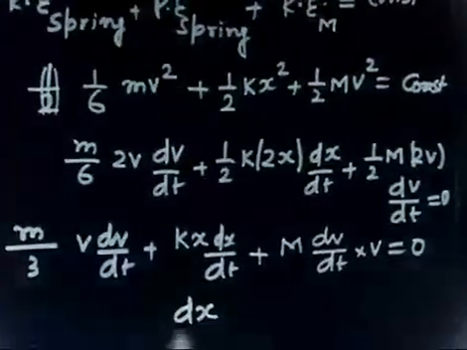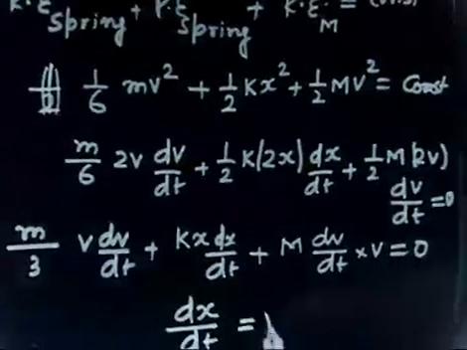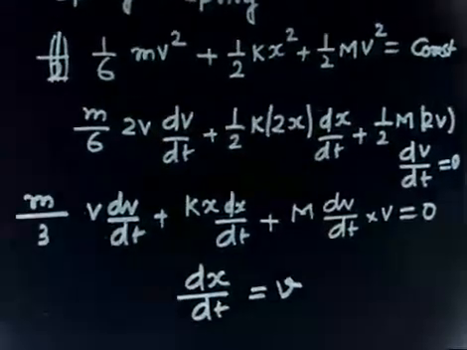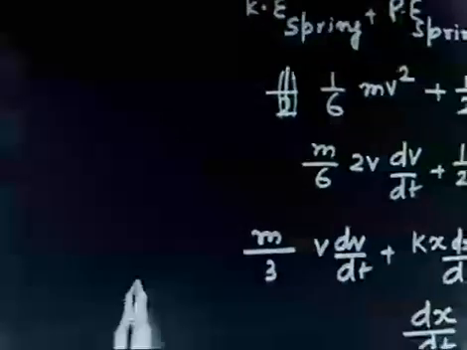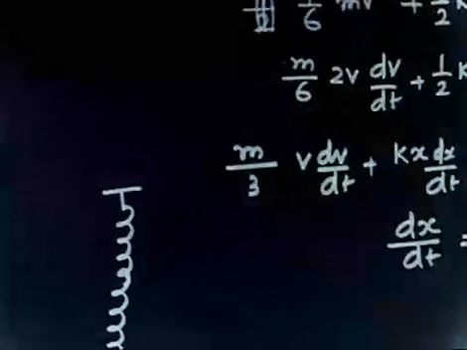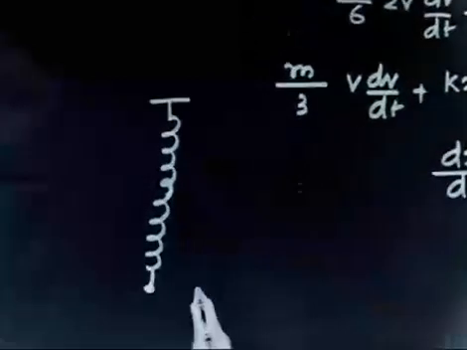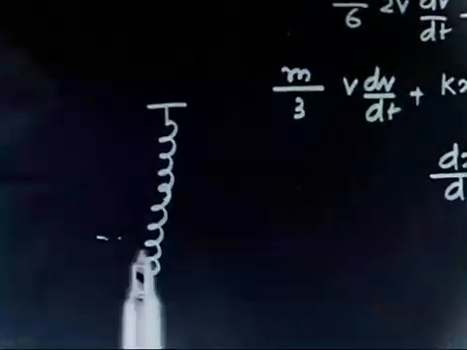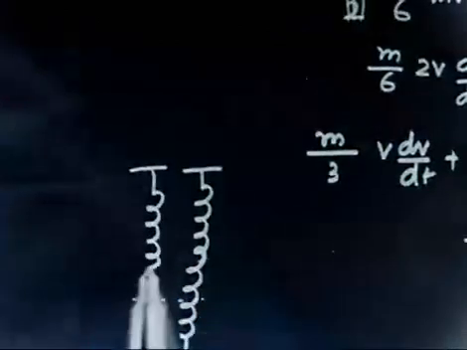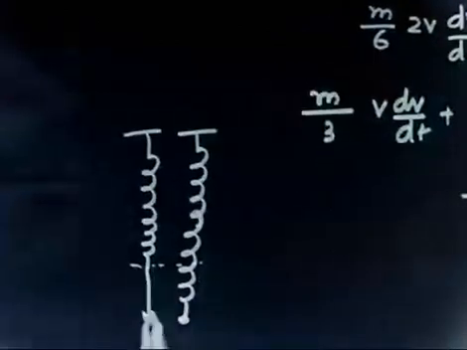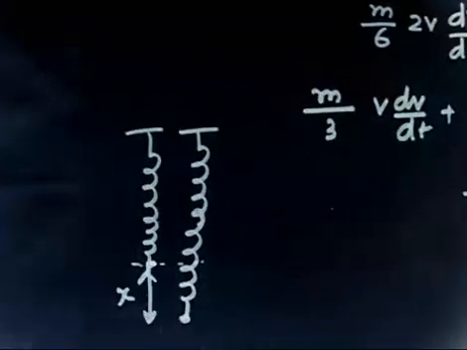Now you see dx by dt is nothing but velocity. dx by dt is v. Are you getting? At what rate this x is changing? So x is the total displacement of this end point. So initially the end point was here, and this is x that has been displaced.